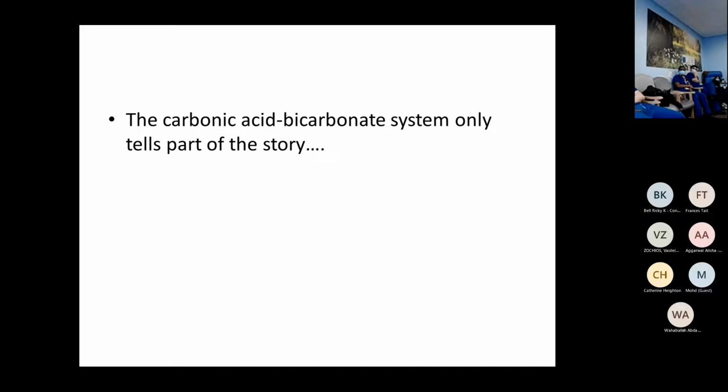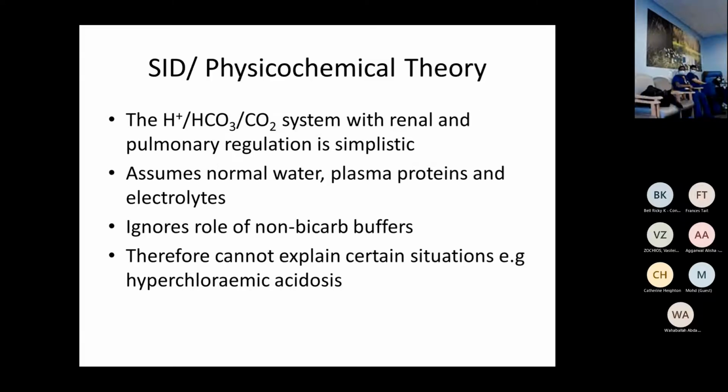What we've alluded to all the way, so that covered the theory of the carbonic acid bicarbonate system, is that it only covers part of the story. We've talked about other buffering systems that are available to us. It also assumes lots of things like relative euvolemia, normal plasma proteins, normal albumin, and other electrolytes being reasonably normal.